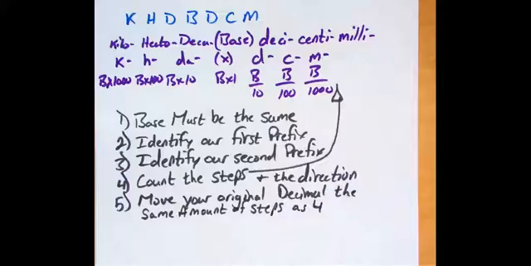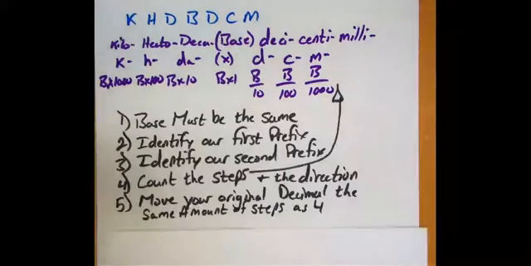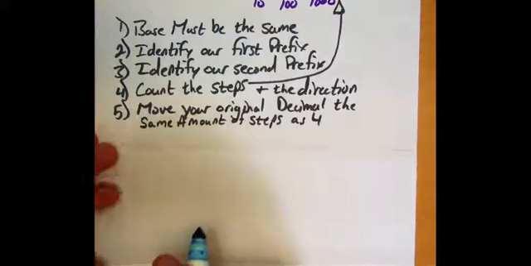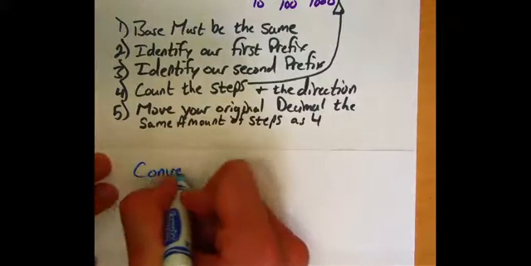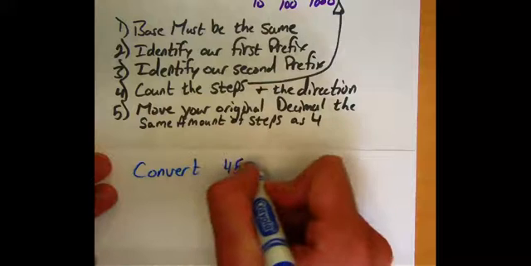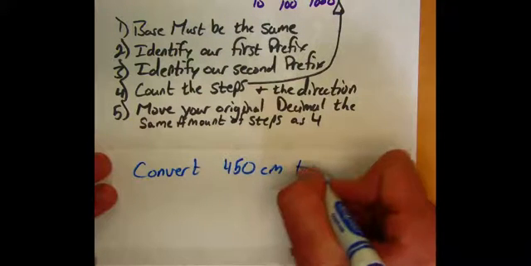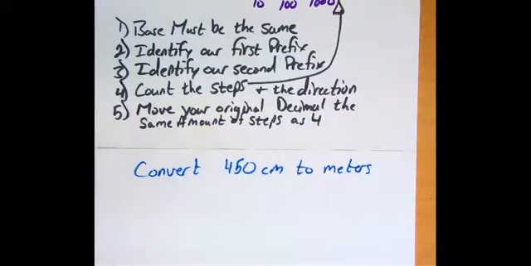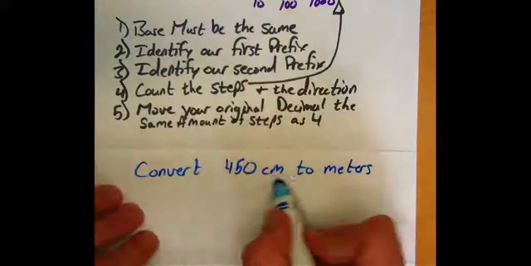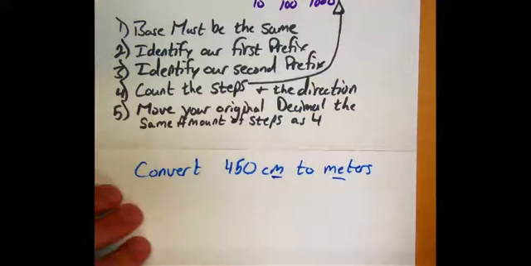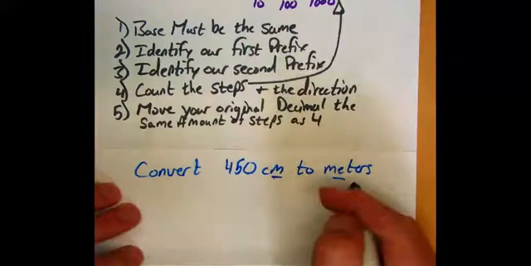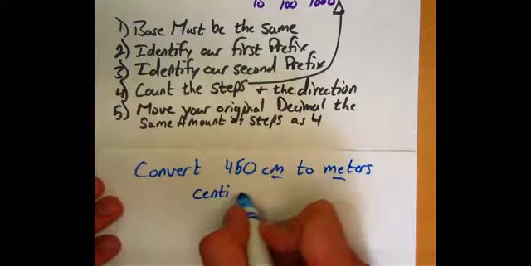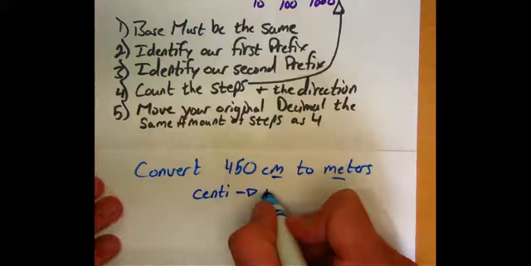All right, so our first example is going to be: convert 450 centimeters to meters. Step 1, the base must be the same. This is a meter and this is a meter, so the base is the same, so we're good on 1. Step number 2, identify our first prefix. So we're starting with centi, and step number 3 is our base.